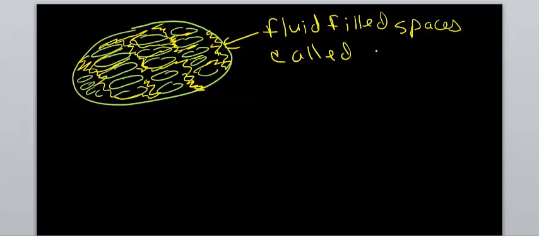But in between all these, and between all the places in there, is a fluid. We say it's fluid-filled spaces called the stroma.